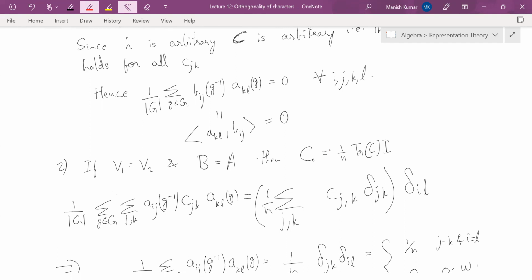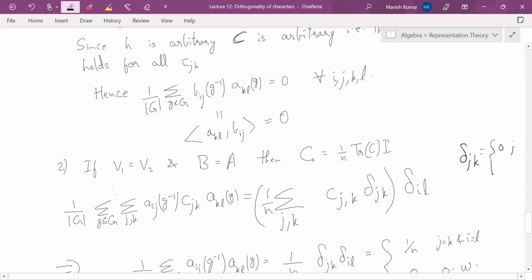So let's concentrate on the diagonal entries. We want the trace of C times 1 over n. The trace of C we can write as the sum over all C_jk, but we don't want to take all C_jk. We only want those C_jk where j is equal to k. One way of doing that is to write delta_jk, the Kronecker delta function, which is 0 if j is not equal to k, and 1 if j is equal to k.